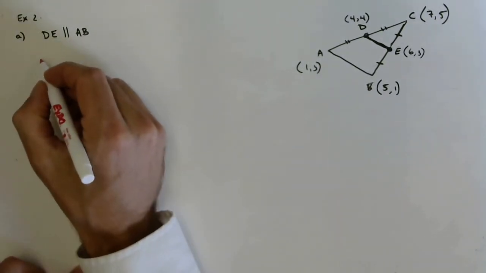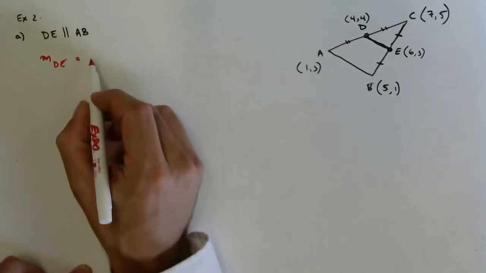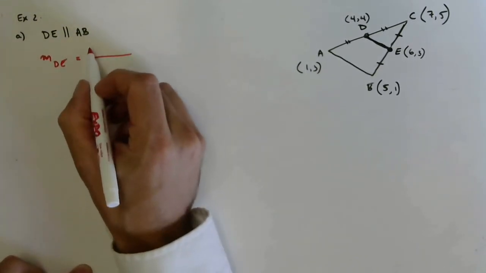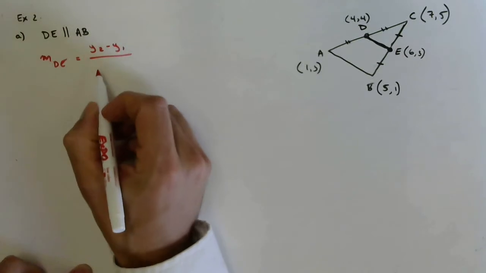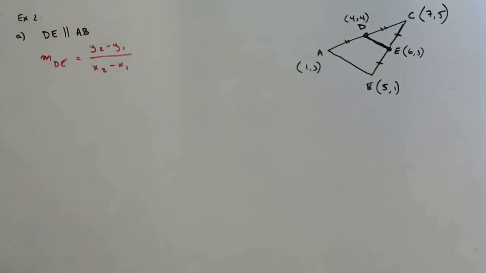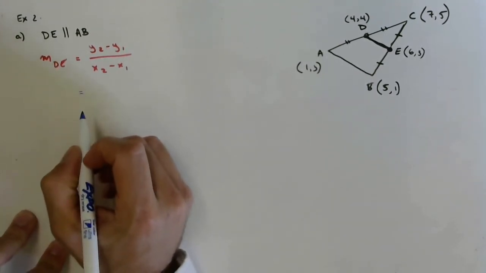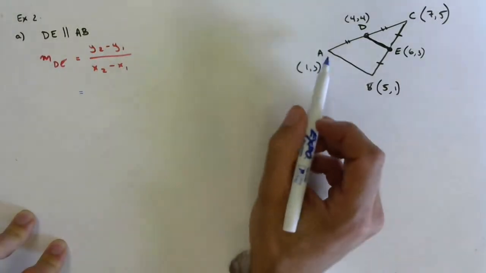Okay, so I'm going to find the slope of DE. Copy down my slope formula because it's my first time doing this problem today. Change in y over the change in x. For DE, plug in what I know.